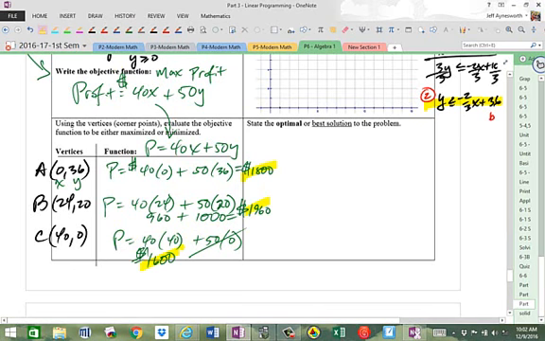So what in the world is the best solution? What do X and Y mean? We go back up to the basics here and read what X and Y refer to. X is the number of compact models, and Y is the number of regular models.